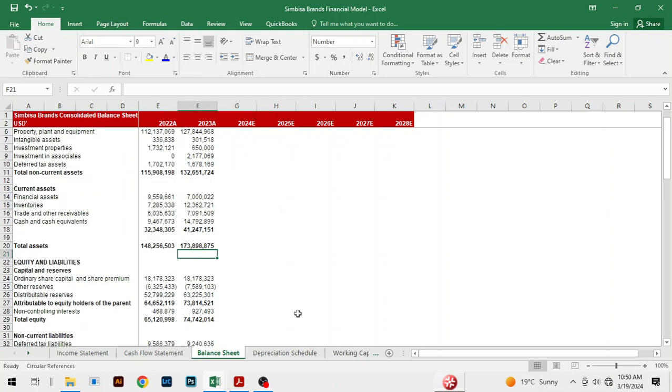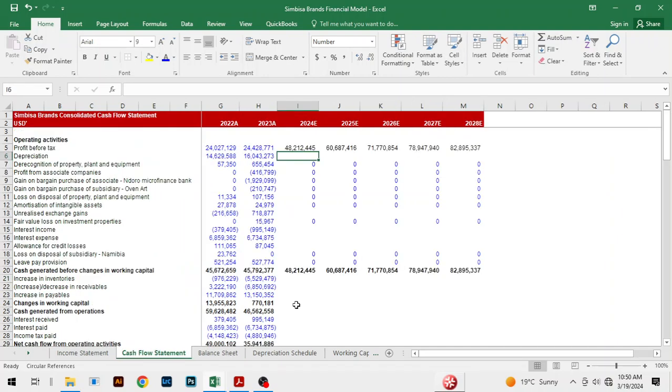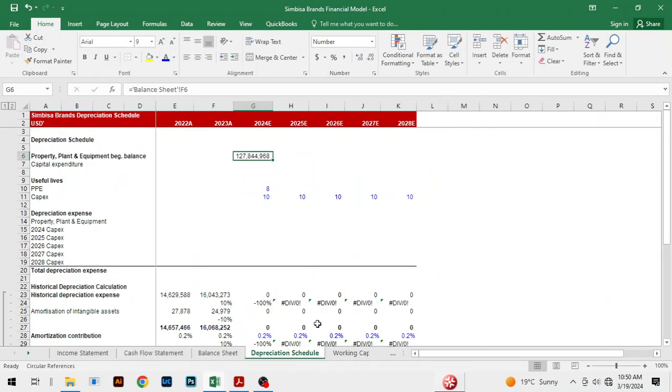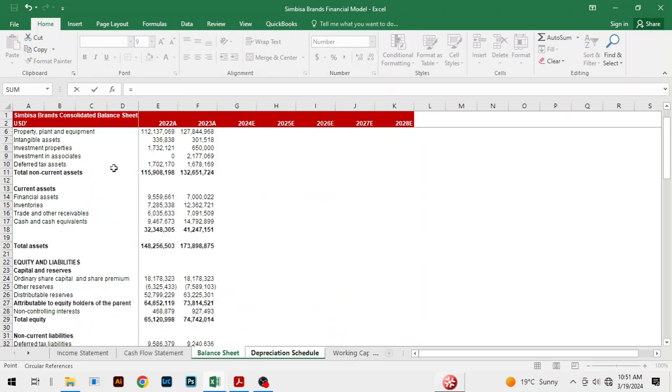Okay, so what I've just done here is I've added together the balance for right of use assets and the balance for property, plant and equipment, since the depreciation that was charged in the income statement was for intangible assets, property, plant and equipment, and also right of use assets. So to avoid confusion when computing depreciation using a depreciation schedule, I've just added together the balances.